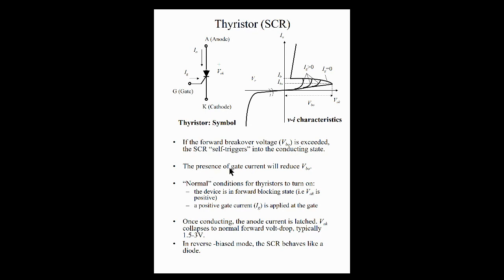So once we overcome this breakover voltage, then we are able to drive this device into its conduction state. Very important to note here is that once this device is turned on, using that positive pulse at the gate, after it's on and you remove that pulse, it will remain in the conduction state, right? So at this point, we say the device is latched, right?